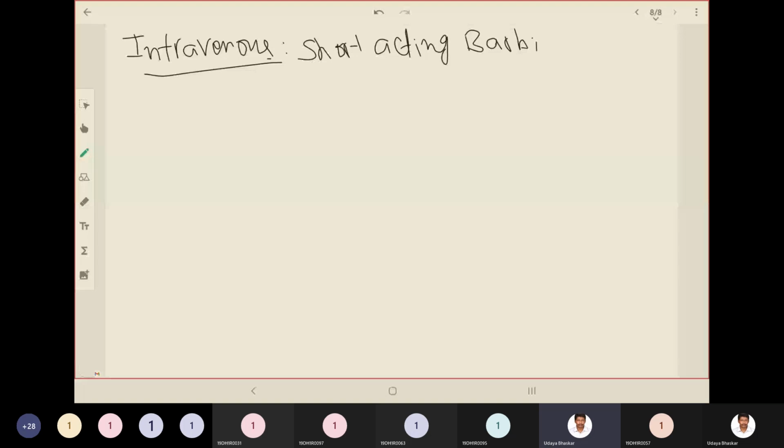Okay. So then moving on, let us see the intravenous short acting barbiturates. The first one is methohexital sodium.